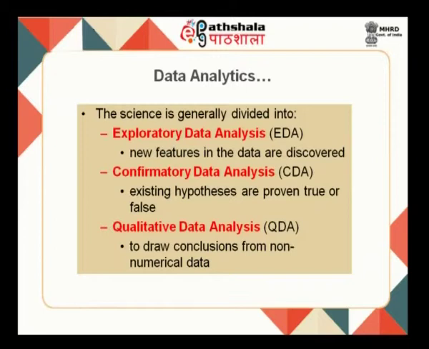This is what we mean by confirmatory data analysis. The third type of data analysis is qualitative data analysis. This is fundamentally drawing conclusions from non-numerical data. So, these are the three types of data analysis that we can do, and all these three put together are called data analytics.